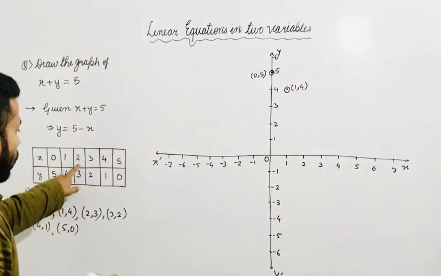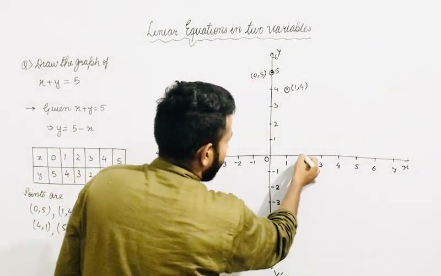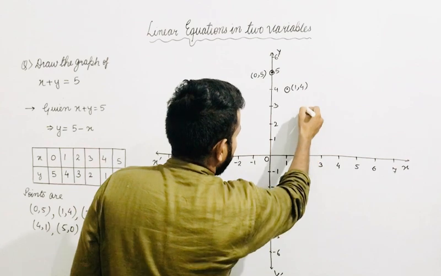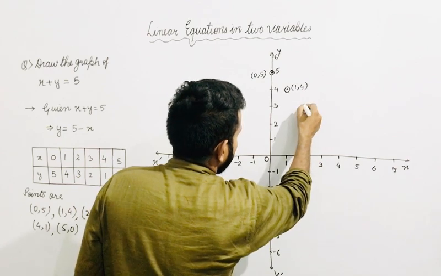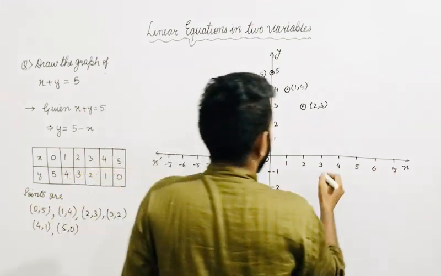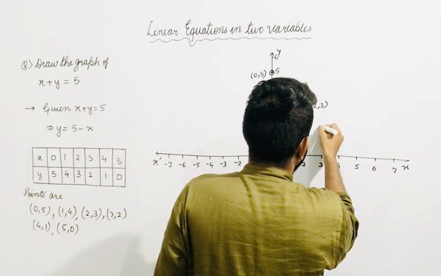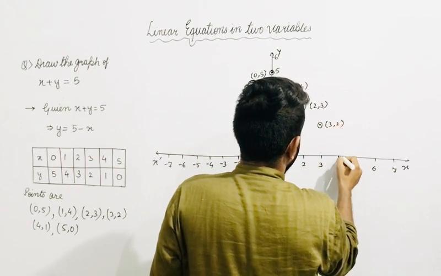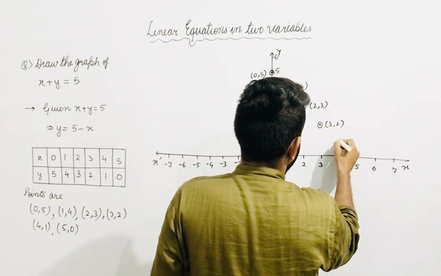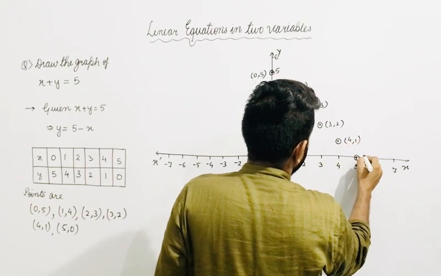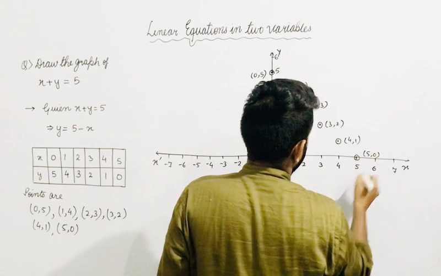The next is (2, 3). Stand on x and move till y. From here to here, this is (2, 3). Now (3, 2). Stand on x and move till y. This is (3, 2). Next (4, 1). It is here. (4, 1). And next it is (5, 0).